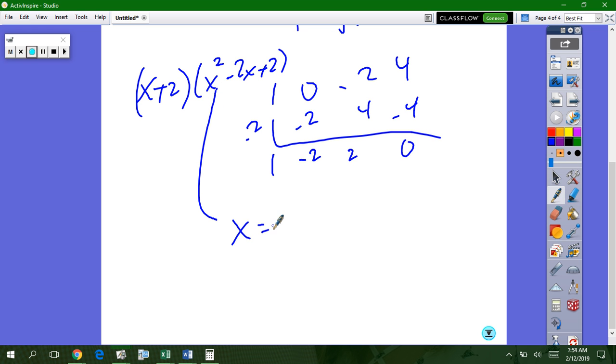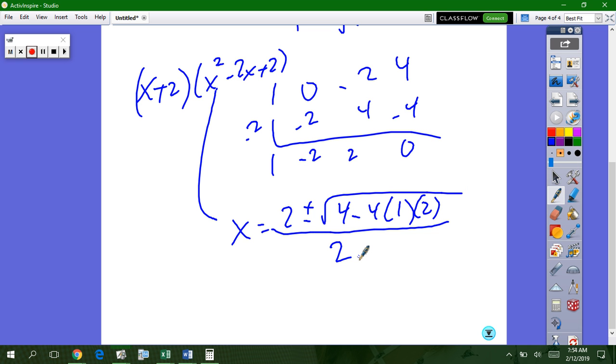x equals negative b plus or minus square root of b squared minus 4 times 1 times 2, all over 2a, which is 2. So I'm at 2 plus or minus, I have 4 minus 8, which is negative 4.